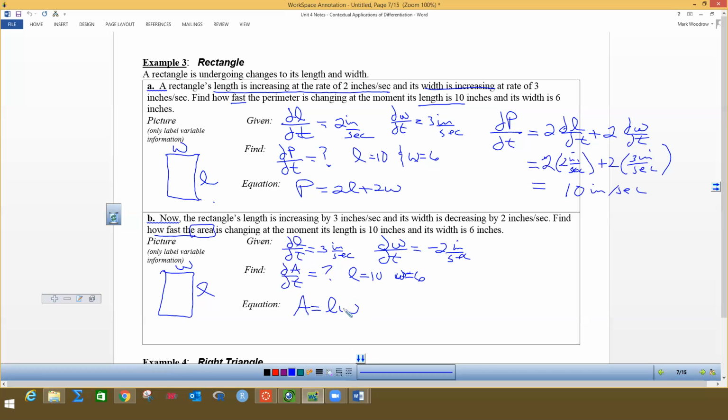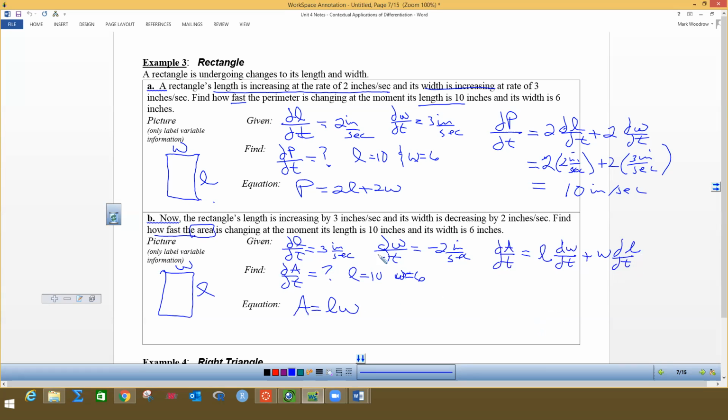So now we have to do product rule. And again, this is going to be a derivative with respect to t. So all the derivatives are not with respect to the same variable. So the derivative of area is dA dt. And now we got to do product rule over here. So we take first times derivative of the second plus the second times derivative of the first.